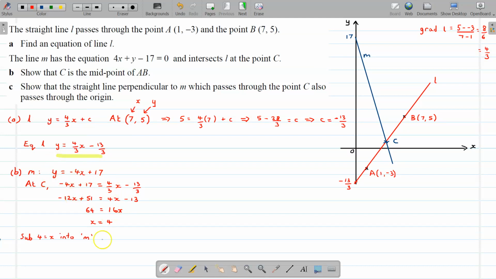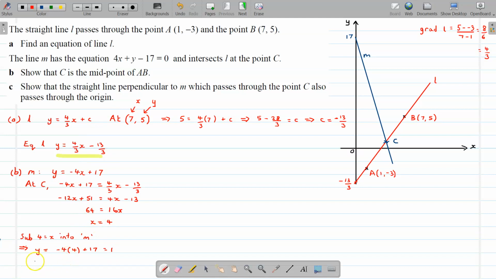So I can say that y equals minus 4 times x, which is 4, plus 17, which is minus 16 plus 17, which equals 1. All right. So when x is 4, y is 1.